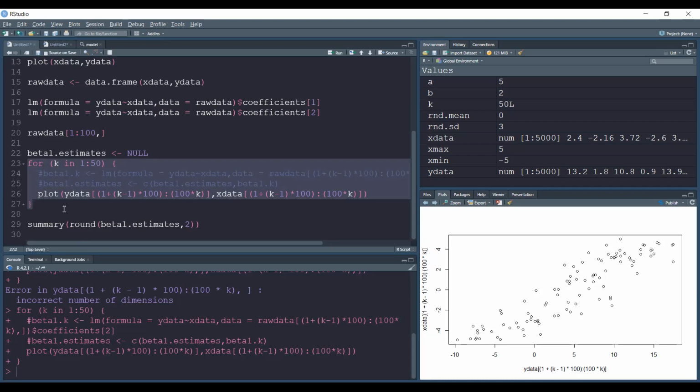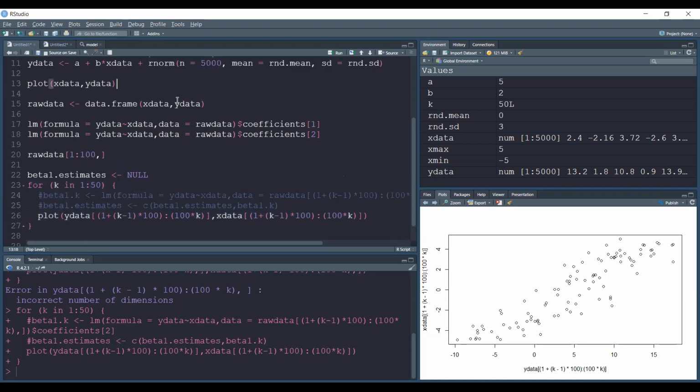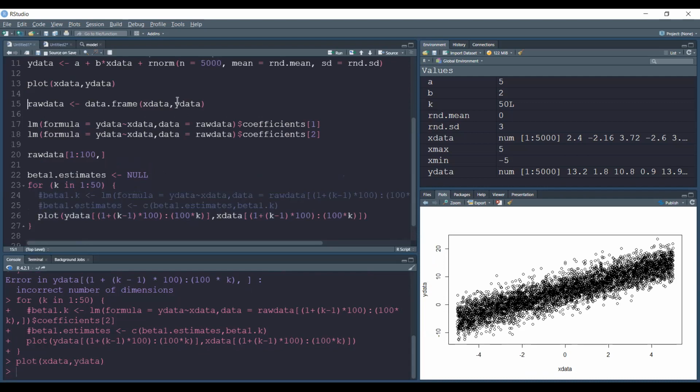And what have I changed? I've changed one thing, and looking back at our previous meeting, it would probably have been a good idea had I done this. What I'm telling R is really simple. Didn't we have the plot of these 5,000 observations? But then we partitioned them, we parceled them off into 50 separate data sets of 100 observations.